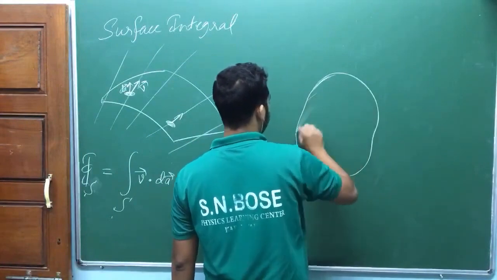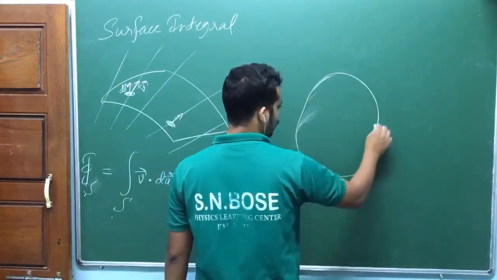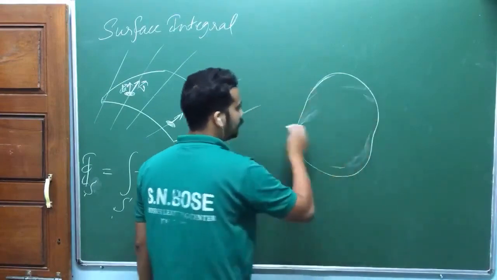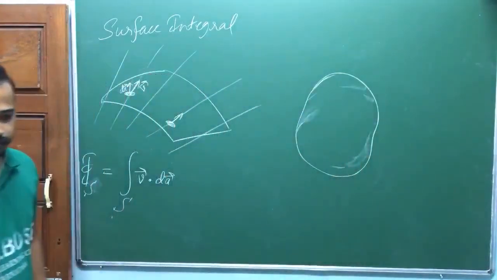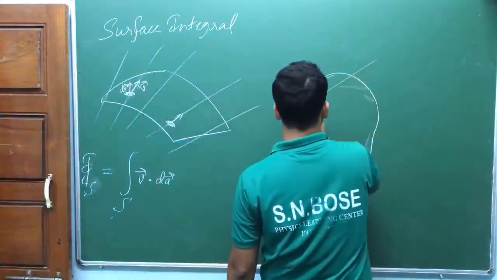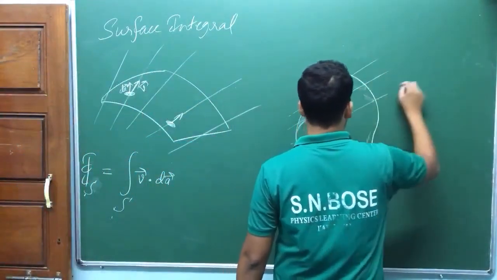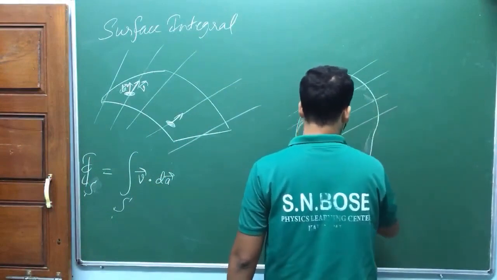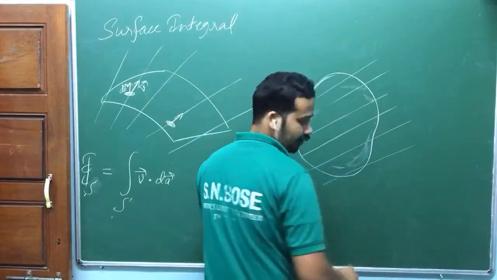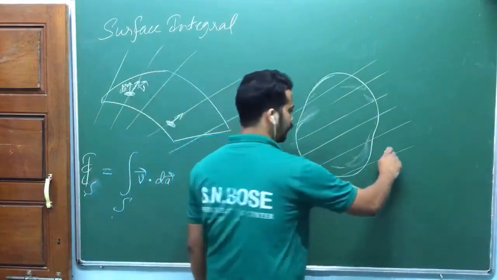Should give some shading. Closed surface. And you have a vector field. You have a vector field in space. I have taken a constant vector field, whatever.